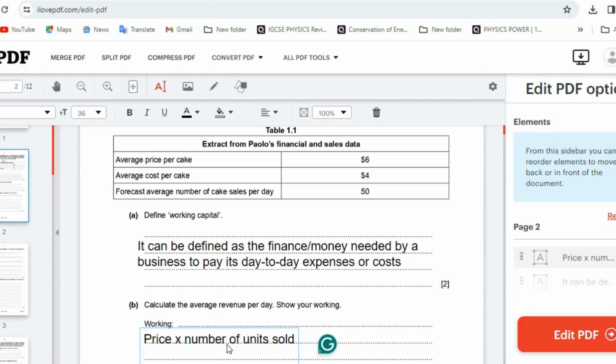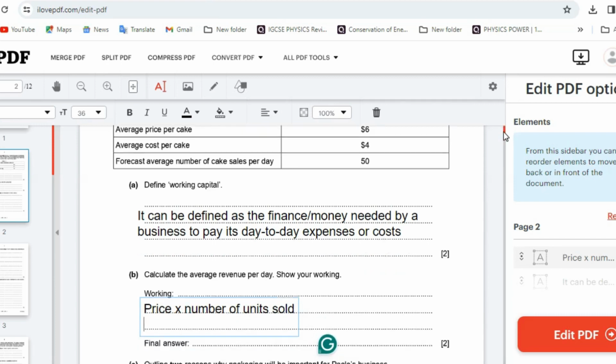We have our figure here, which is $6, multiplied by our number of units sold, which is 50 units.